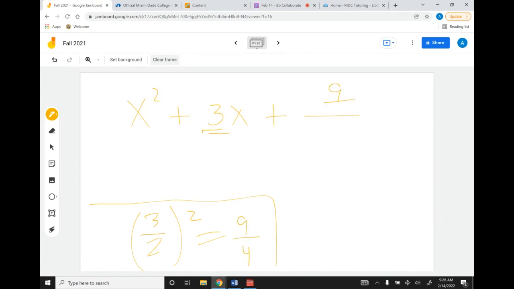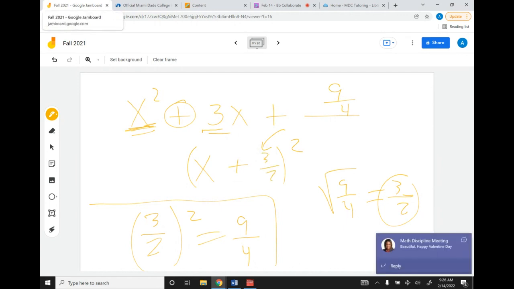So this is the number that will go here. So how do we write this in a square form? Well, the plus goes there. The x squared, instead of writing x squared, you just write x. And now the number you're missing is the square root of 9 over 4, which is 3/2. And then it goes here. And there it is.